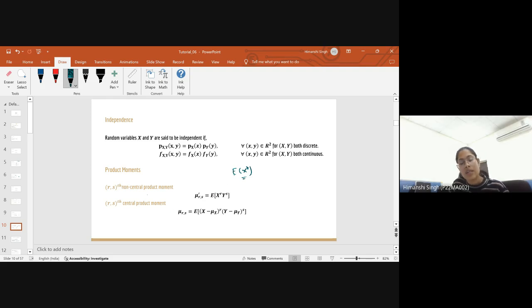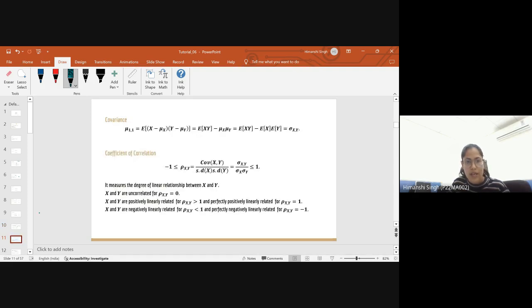Now, when we considered a single random variable, we found the concept of the variance of a random variable, the expected value of x square minus the expected value of x whole square. We called it the variance of the random variable x. Here, due to these product moments, there is a concept of covariance between random variables x and y. If I consider this mu 1 1, this is the 1 1 central moment, that is the expected value of (x minus mu x)(y minus mu y).